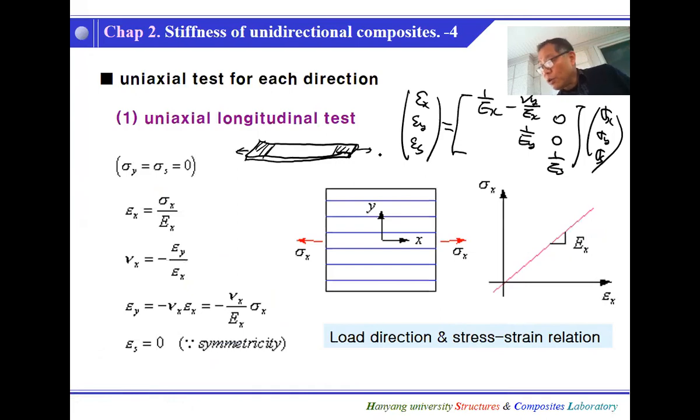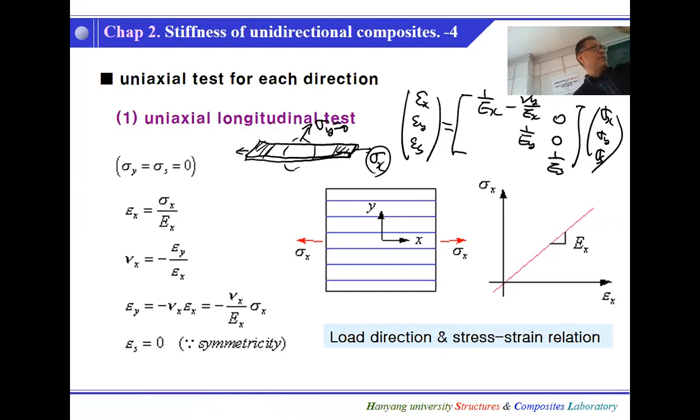This is the test you apply. How do you apply the load? Well, you apply the sigma x. That's what you apply. In other words, if you look at here, you only apply sigma x. That means you apply zero stress in the other directions. This is very important, which means that you allow it to freely contract.